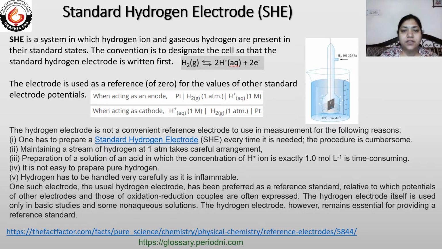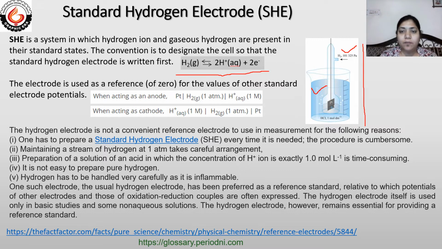Here the complete reaction is given. The reaction is H2 in gaseous state gives 2H plus in aqueous state plus 2 electrons. This is the complete assembly of the standard hydrogen electrode, in which this is the acid solution and hydrogen gas is bubbled through the acid solution.